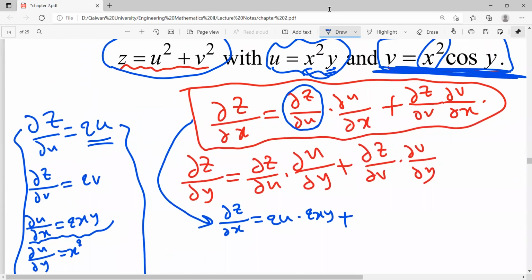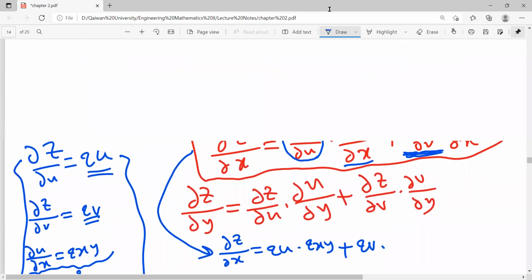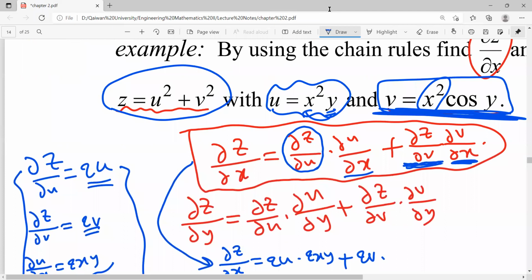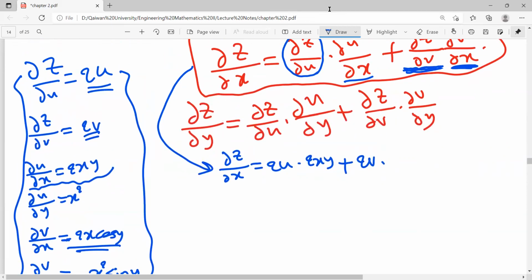Plus partial z by partial v, which is 2v, times partial v by partial x. So here partial v by partial x is 2 cosine y.